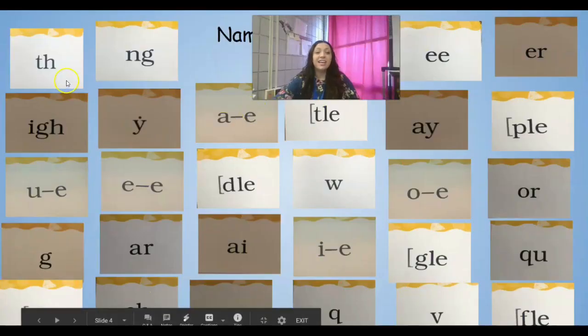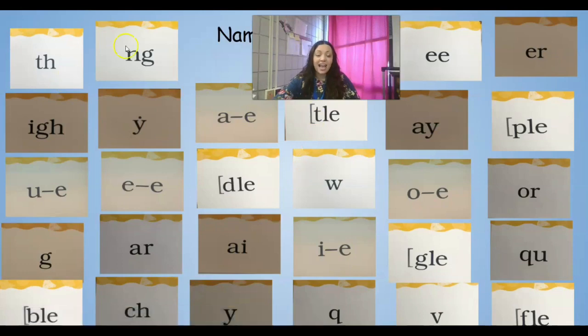Are you ready? So we have digraph TH, digraph NG, digraph EE, combination ER. Very good. Trigraph IGH. Oh, it's got a dot on it, so it's vowel Y. A consonant E. Oh, we got our bracket, so we say final syllable TLE.